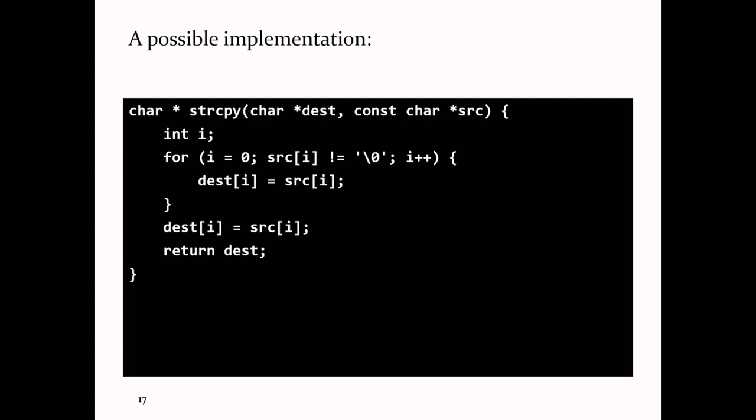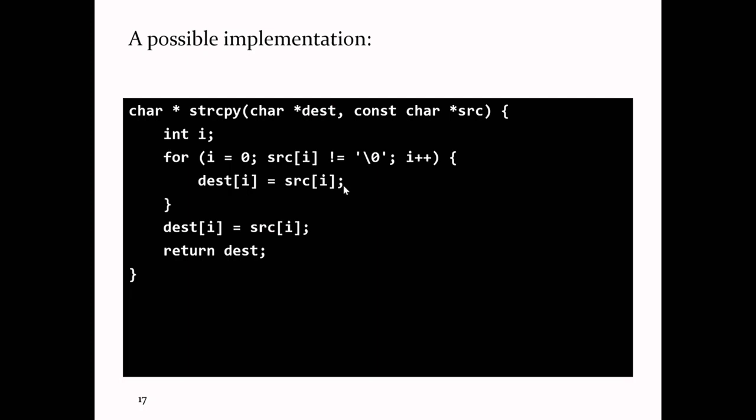So i starts at 0, so it's going to start at the first character of src. While src is not the null terminator, each time advance i by 1. If src, that pointer, is not pointing at 0, copy that value into the destination array. Just keep on going until this value is the null terminator.